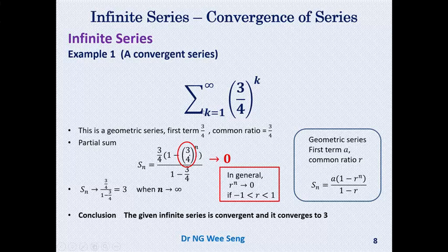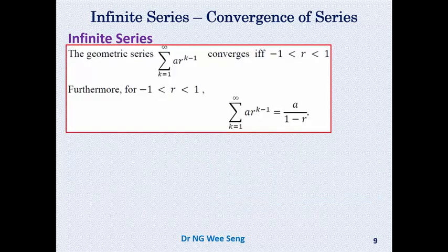So the conclusion is that the given infinite series is convergent and converges to the value of 3. Here's just a summary of a result on geometric series. A geometric series with common ratio r will converge if and only if r lies strictly between -1 and 1. And the value of the series is given by this familiar expression a divided by 1 minus r.